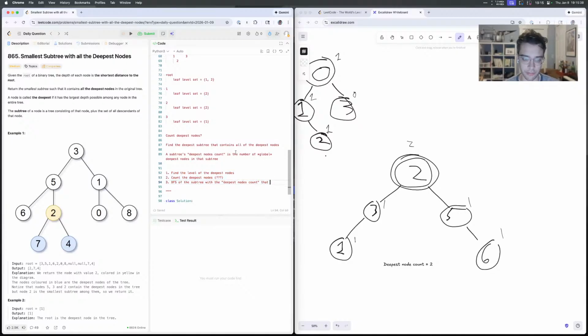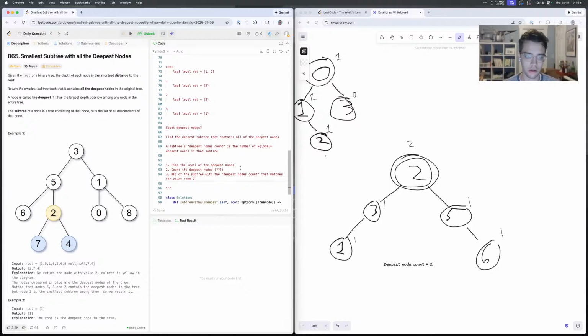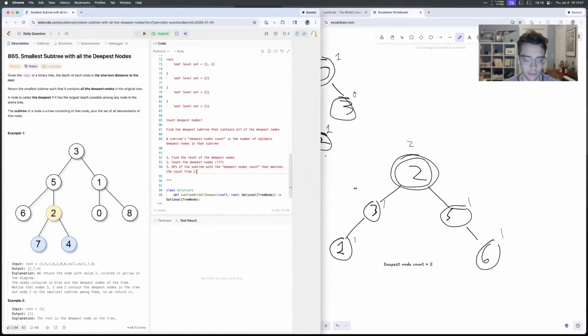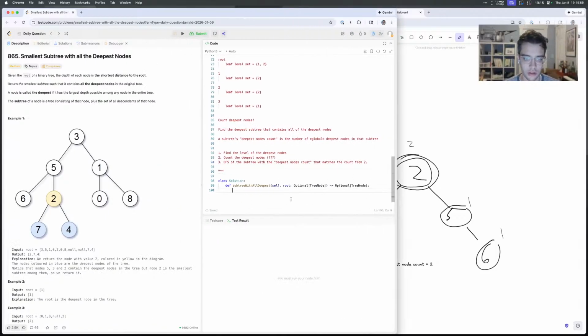I'm not sure I can do it, but it seems like I probably might be able to. Then the first time you find it, that's your answer, and you return it to the tree.